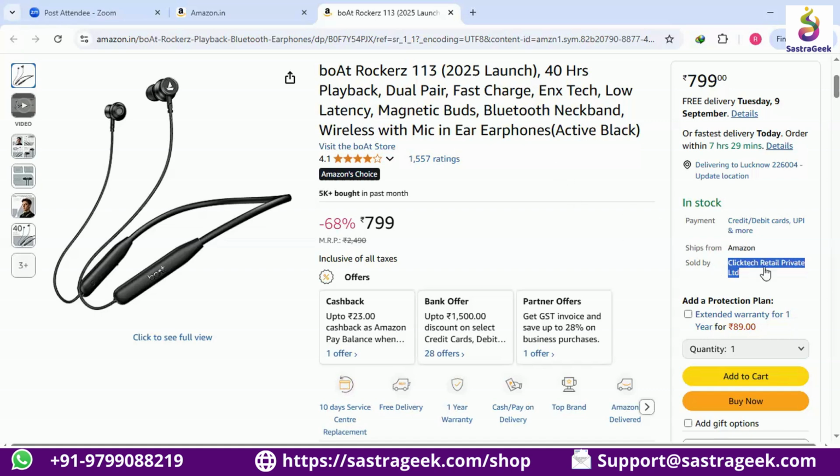I'm buying from this entity, because Amazon is a platform where buyers and sellers meet. And hence, sometimes this ClickTech Retail Private Limited could become a shipper as well, if he is shipping the product.